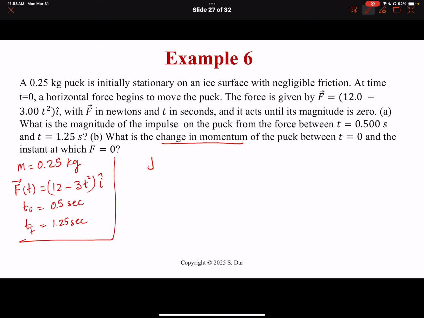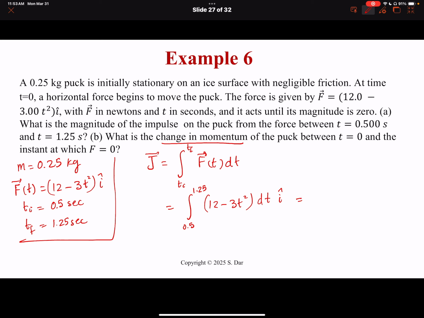So impulse is then the integral from initial time to final time of F of t dt. So that is from 0.5 to 1.25, it's a definite integral, of 12 minus 3t squared dt. But don't forget i hat because it's a vector integral.